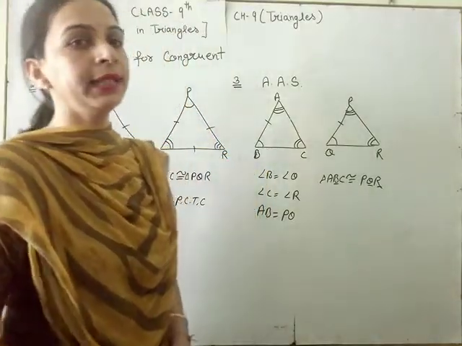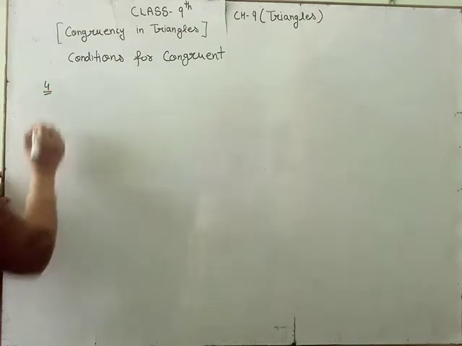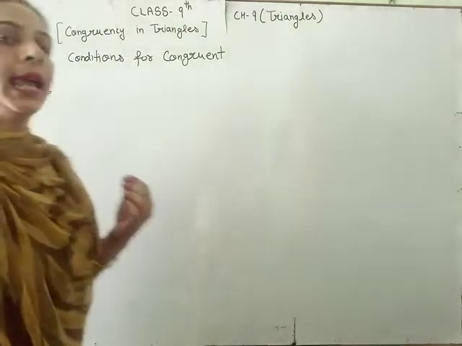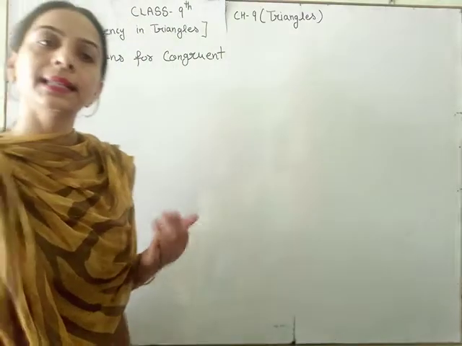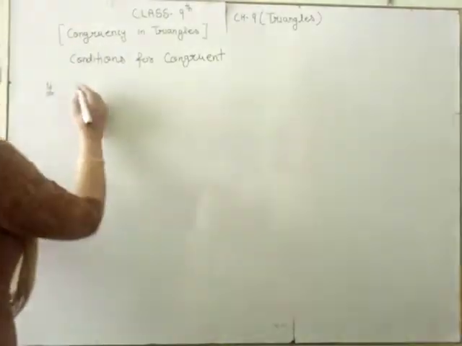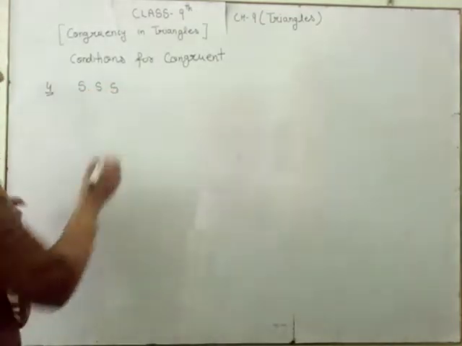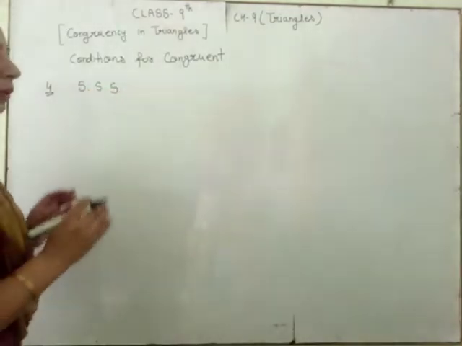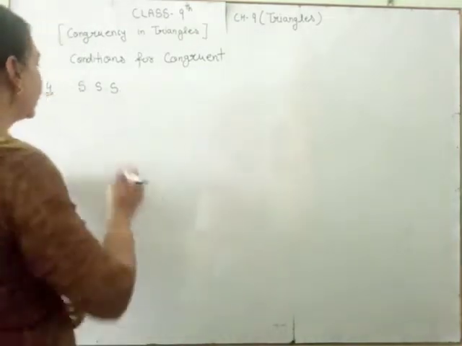Next I will take the next condition, condition number 4. First is SAS, second is ASA, third is AAS, fourth is SSS. That means three sides of one triangle equal to three sides of a second triangle.